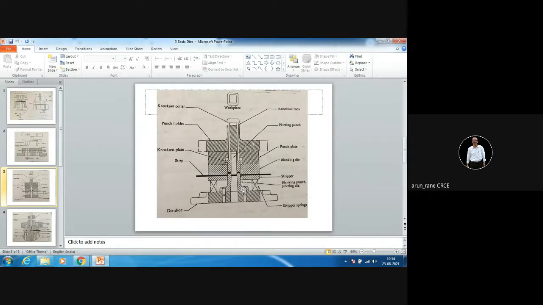So the strip should be held. That's why the stripper is nothing but a kind of plate जो कि strip को दबा के रखते हैं, which keeps your strip pressed under spring force. ये यहाँ पे spring है, this is the convention for the spring. तो spring की वजह से ये जो stripper plate है, ये strip को दबा के रखते हैं, so that ये आपका strip उठता नहीं है, जब भी आपका punch strip में से बाहर आता है.